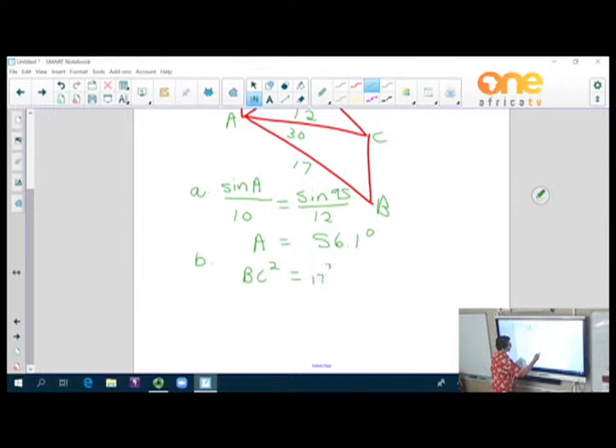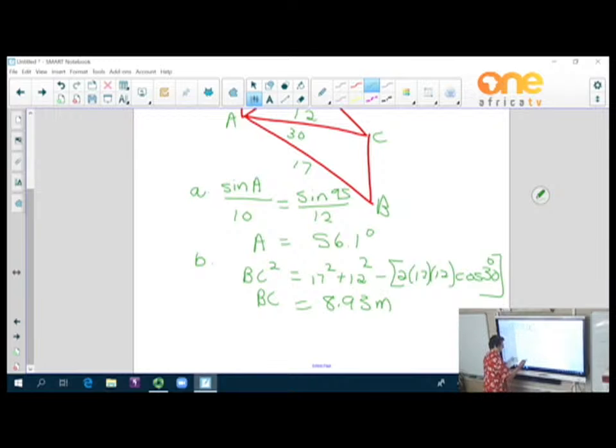So it is 17 squared plus 12 squared minus, in brackets, 2 times 17 times 12 cosine 30 degrees. Cosine 30 degrees. And I got that BC, remember it's not BC squared now anymore, is 8.93 meters.